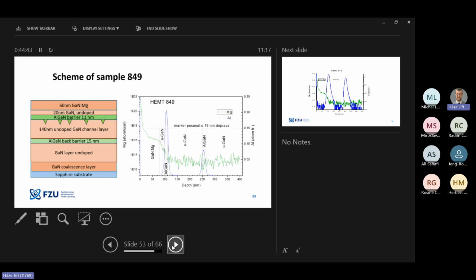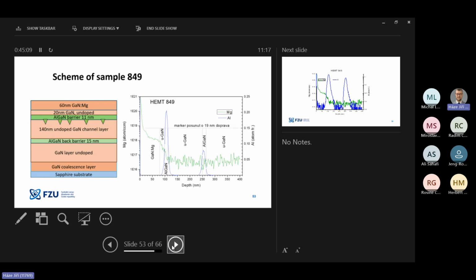We put gallium nitride doped by magnesium on the top and separated it with 20 nanometers of undoped gallium nitride, and looked by SIMS at what happened. And we were quite lucky, or this result was good. Magnesium was not penetrating into the channel region at all.